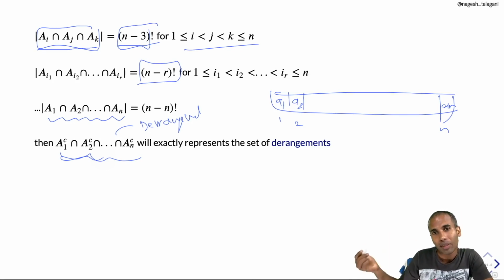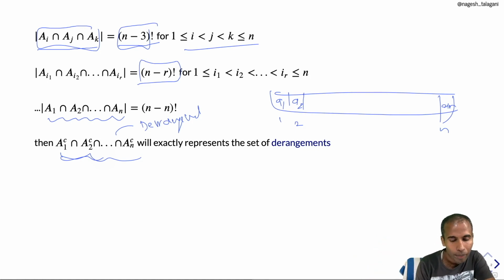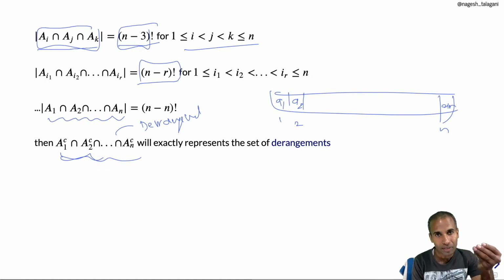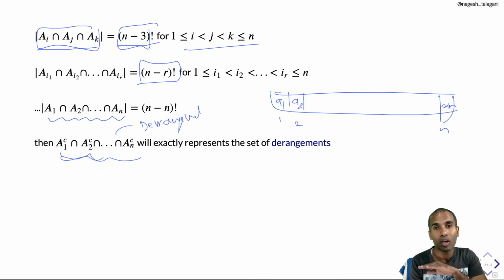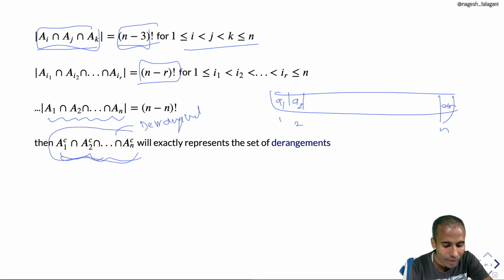A permutation not in A1 means the first object is not fixed. That's why a permutation in A1 complement means the first object is not fixed. Which is also in A2 complement means the second object is also not fixed, which is also in A3 complement means the third object is also not fixed, and so on. Also in An complement means the nth object is also not fixed. That means none of the objects is fixed in its original position. So this set precisely consists of derangements.